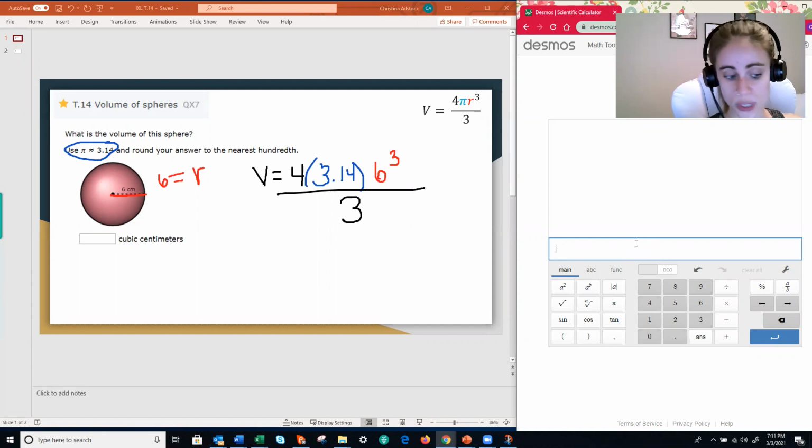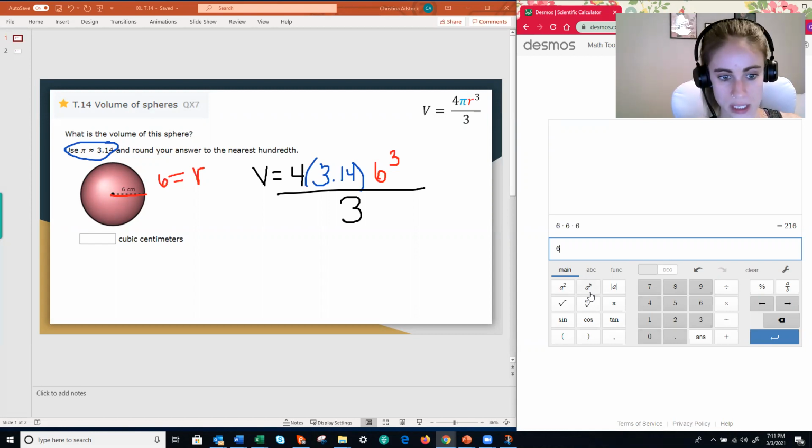Now, there's 2 different ways you can insert this. You can literally just type, oh, not 3, my bad, 6 times 6 times 6. Or you can use, depending on what calculator you're using, there is an exponent button. And that's right here, this A and this B, because the variables mean you can choose the value.